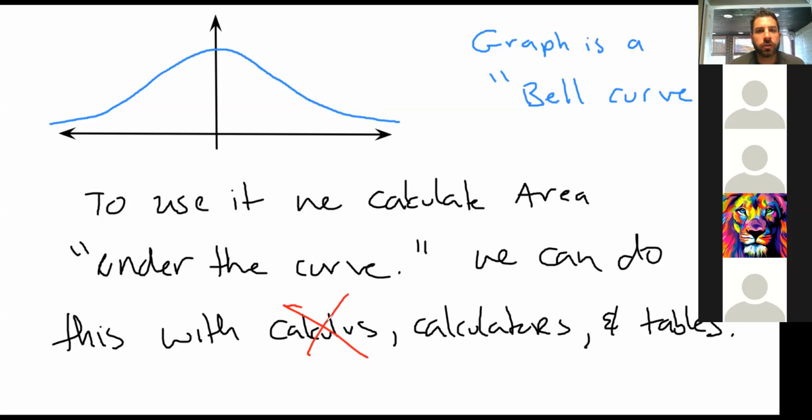Essentially, there's going to be two ways in which you should be able to calculate these areas. You're going to calculate these areas either using technology, whether you have a calculator or an application on your phone or an application on the internet. Free, of course, don't pay for anything. Or you can use tables. The back of your textbook has a table.